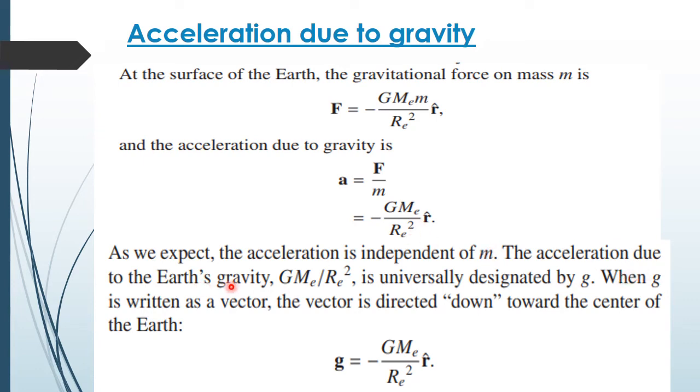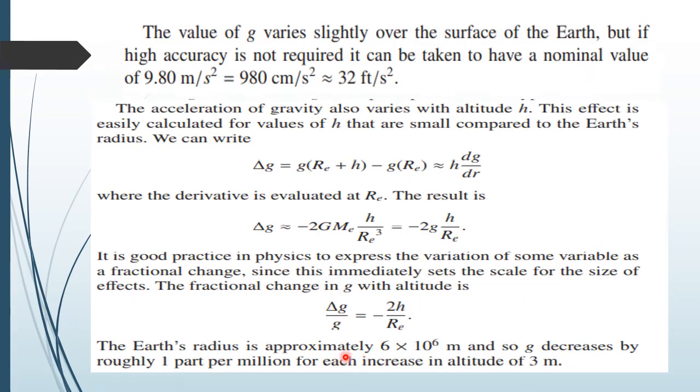The acceleration due to Earth's gravity, G Me / Re², is universally designated as small g. When g is written as a vector, the vector is directed downwards towards the center. So the vector equation is g = -G Me / Re² r-hat, and this is directed towards the center, hence the negative sign.